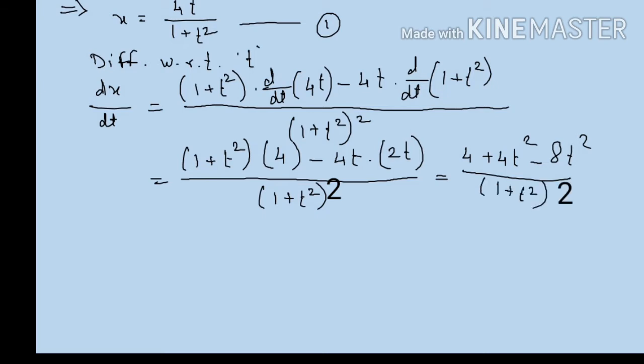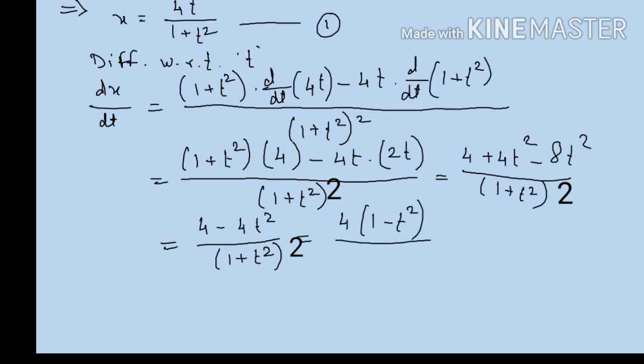So that is equal to 4 minus 4t square plus 4t square minus 8t square will be minus 4t square upon 1 plus t square the whole square. So take 4 common, you will get 1 minus t square upon 1 plus t square.